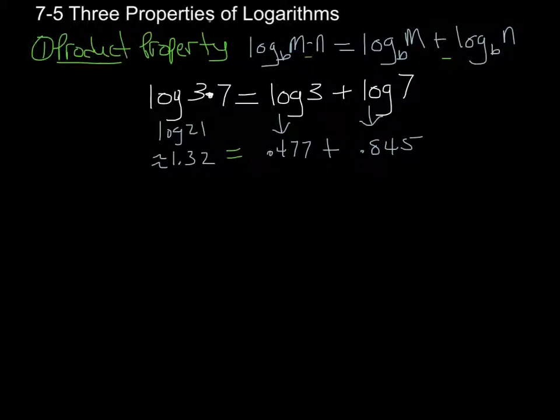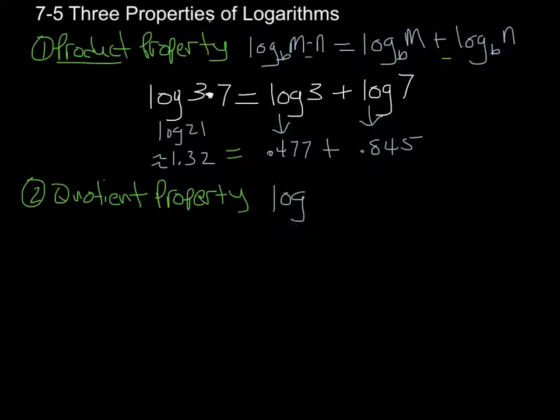Very much related to that is the quotient property. And it shouldn't surprise you that this one involves some division and is very similar. It says the log, doesn't matter the base, of a division problem or a fraction can be expanded, and you can almost guess.